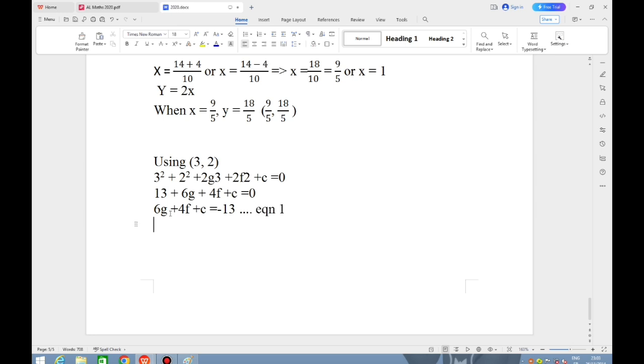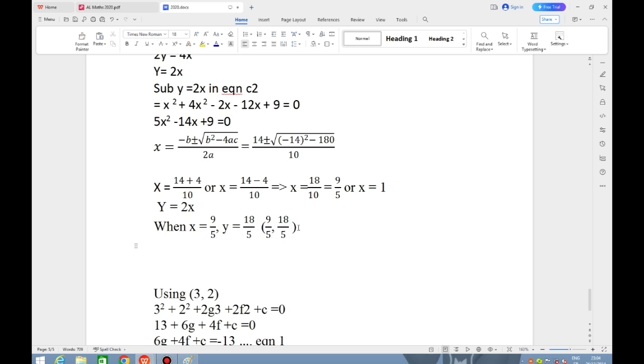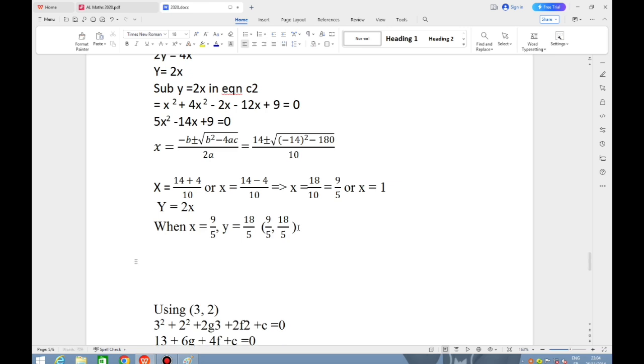You can call that equation 1. Now we're going to substitute the next values, which are the points of intersection. So here you had just the first point of intersection. The second point of intersection is when x is equal to 1, y is equal to 2. So the second point of intersection is 1, 2.